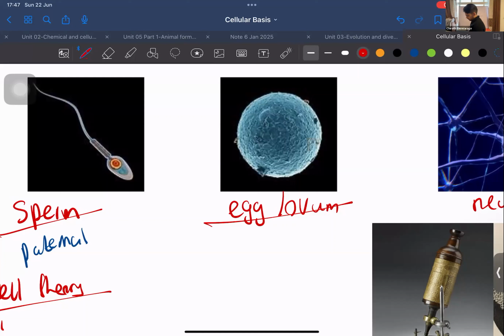Maternal is the opposite of paternal. Maternal, mothers. Maternal genetic information.